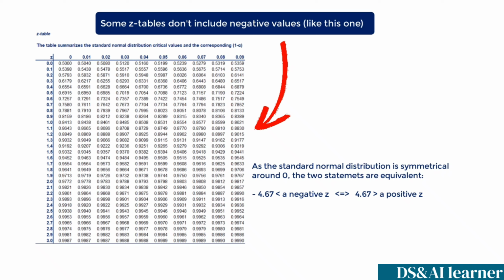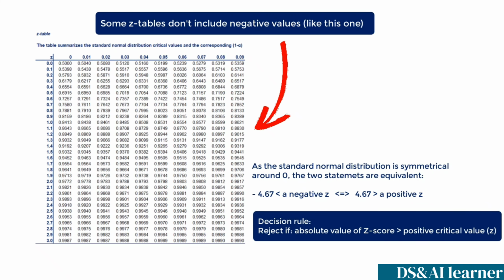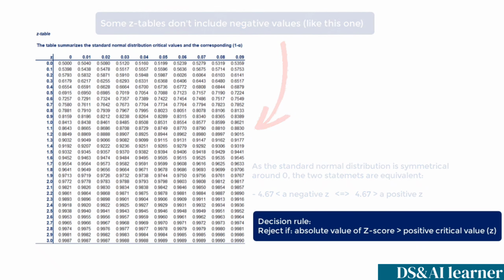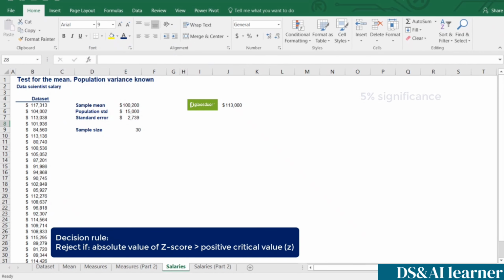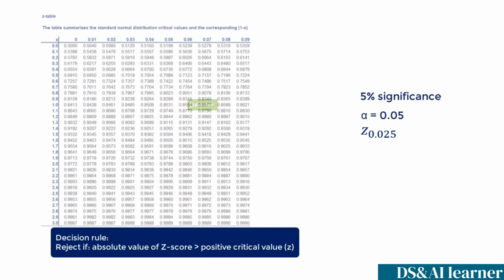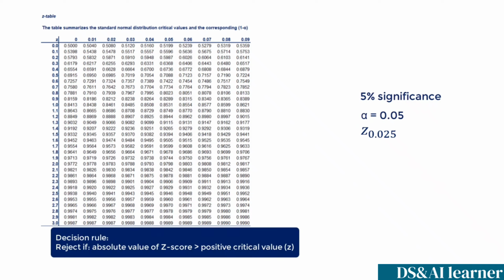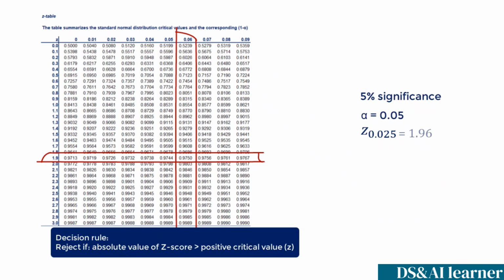Thus, our decision rule becomes: the absolute value of the z-score should be higher than the absolute value of the critical value. Using 5% significance, our alpha is 0.05. Since it is a two-sided test, we check the table for z of 0.025. The corresponding value is 1.96.